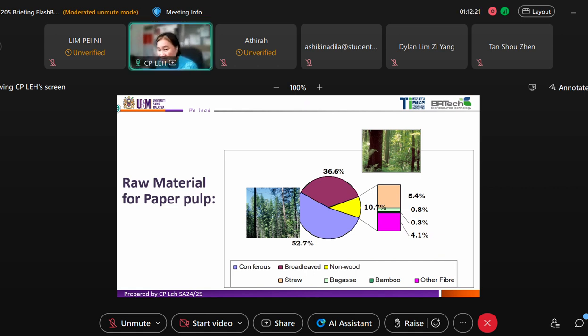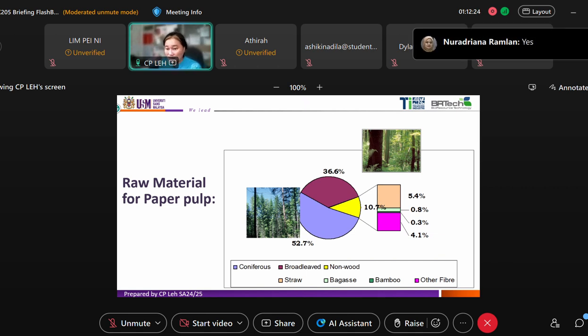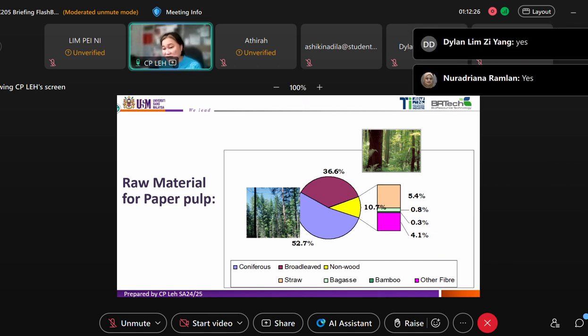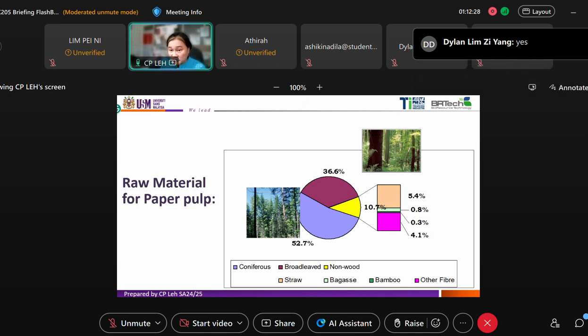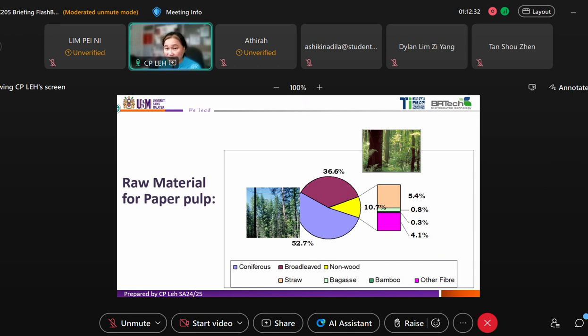Yes or no? I think some of the lecturers have mentioned it before. So the percentage of G and S lignin differs in softwood and hardwood, and we can use this to differentiate whether the material we use is softwood or hardwood.